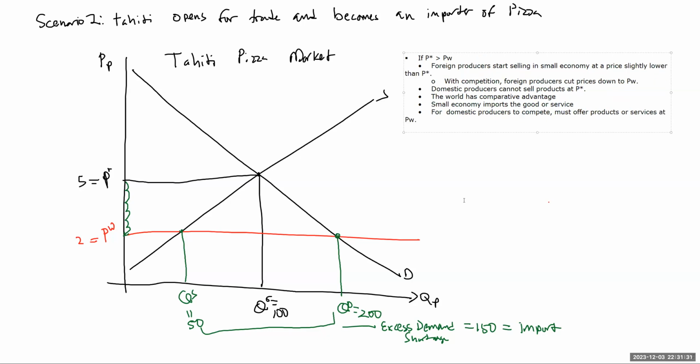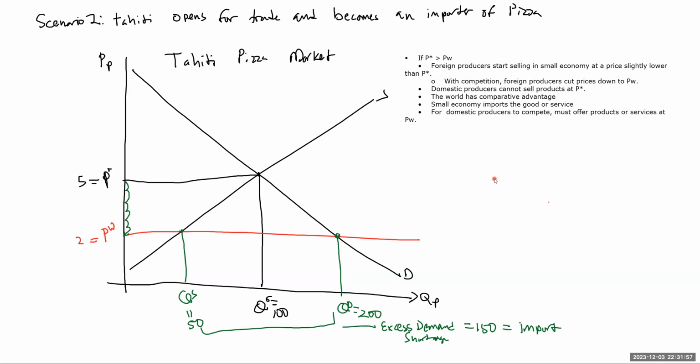When Tahiti opens up for trade, and the domestic price is greater than the world price, foreign producers start selling in the small economy at a price slightly lower than the domestic price. With competition, the foreign producers cut prices down to PW, or the world price.